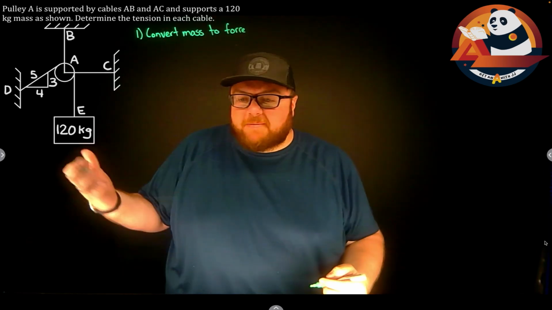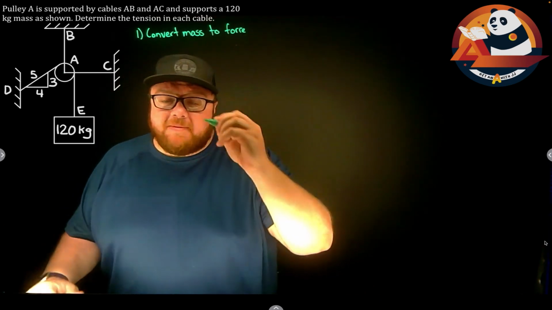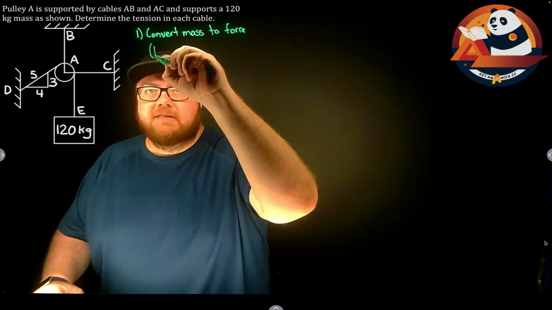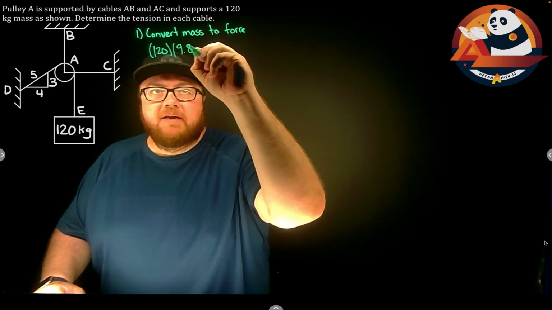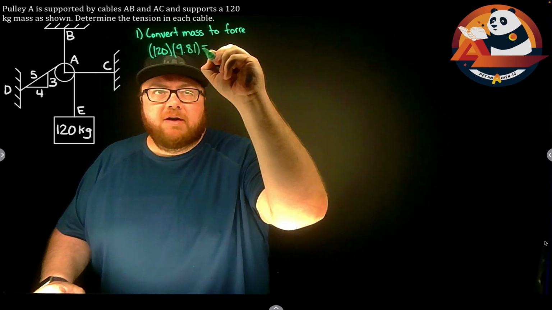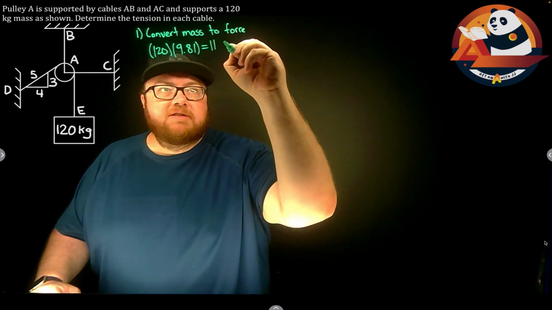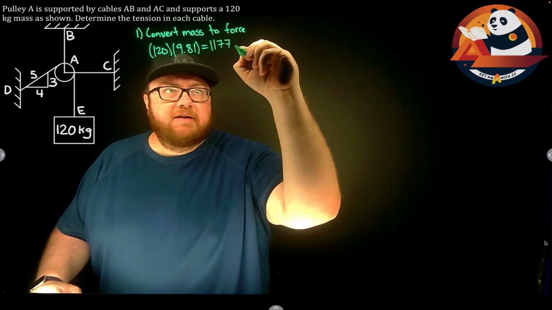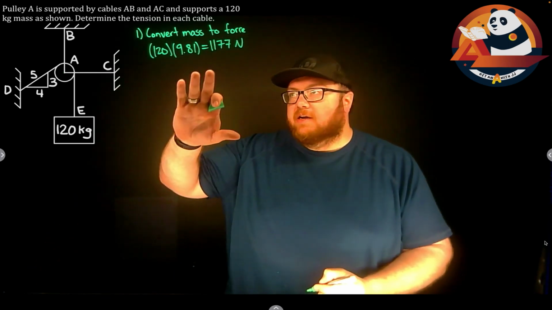Again, for us, that's just going to be weight instead of mass. So to do that, we just need to multiply by gravity. So our mass, 120 kilograms, times gravity, 9.81, will get us that the weight of this box is 1,177 newtons, which will be our first piece we need in here.